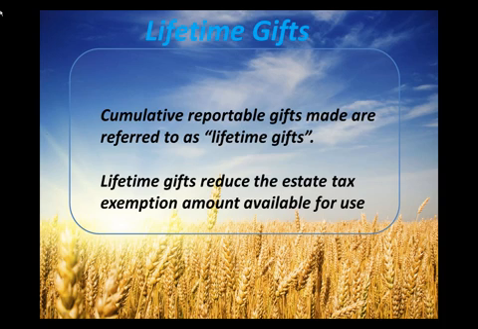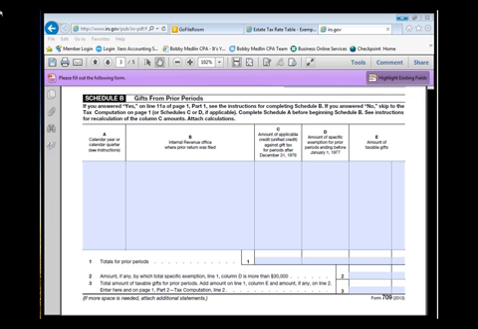Thank you. Now, I kind of got ahead of myself on that last screen, but the 709 tracks the lifetime gifts, and the cumulative reportable gifts, meaning reportable on 709, are referred to as lifetime gifts, and they reduce the exemption amount that's available in an estate. Now here's the third page of Form 709, and Schedule B tracks gifts from prior periods.